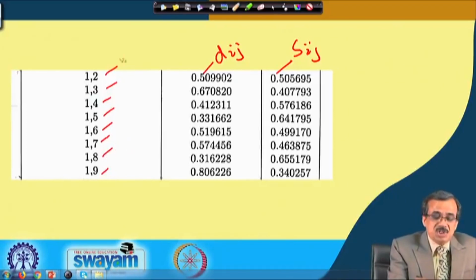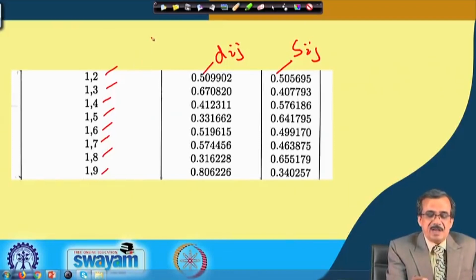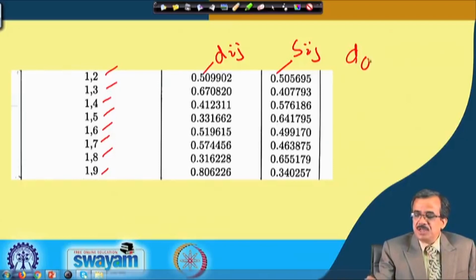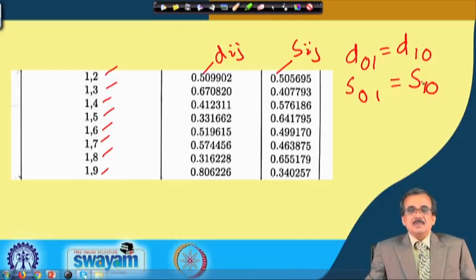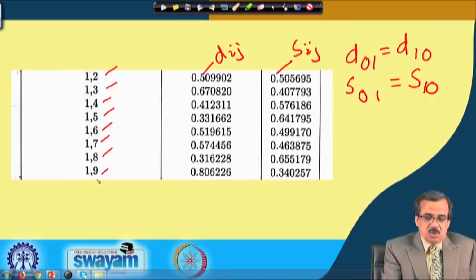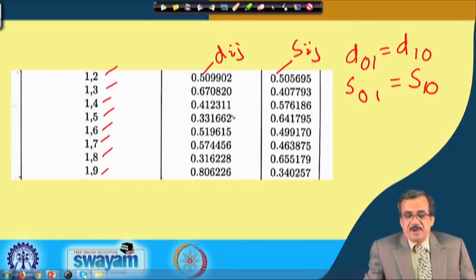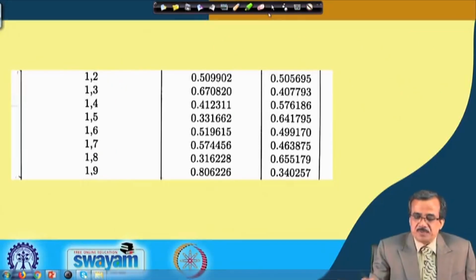Now, this 1 0 I should not determine, because I have already calculated 0 1, and the distance between 0 and 1, that is d01, is nothing but d10, and we consider similarity between 0 and 1 is nothing but similarity 10. So, starting from 1, so 1 to 3 and so on up to 1 9, I can find out the distance and the similarity values.